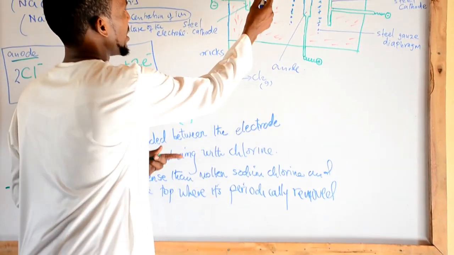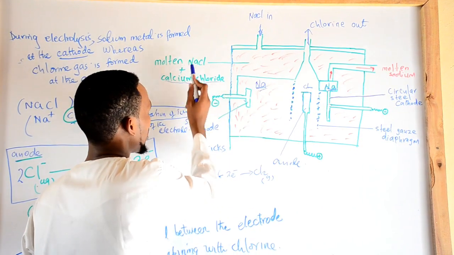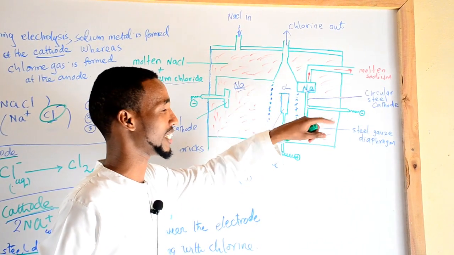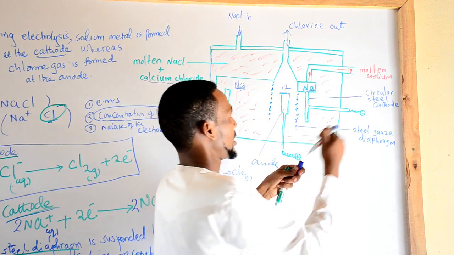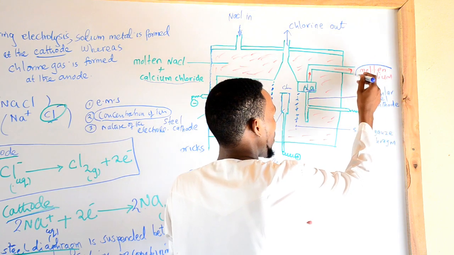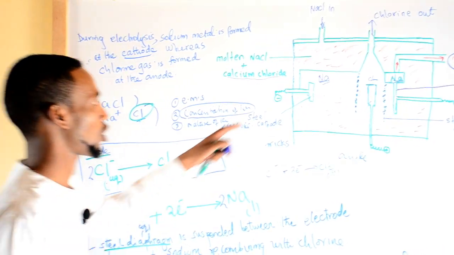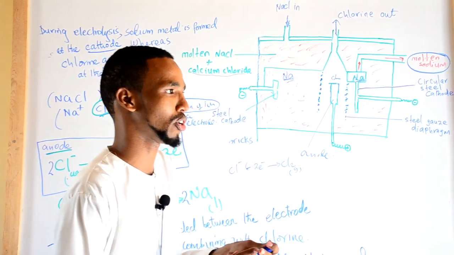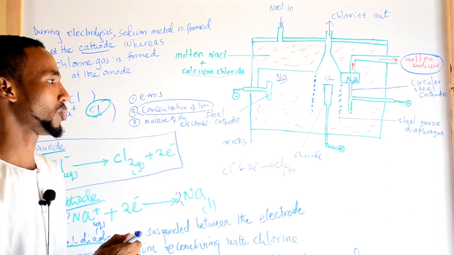This molten sodium is less dense, so it rises to the top where it is periodically removed, and then we have our molten sodium. Chlorine gas is not allowed into the environment because chlorine gas is a poisonous gas and hazardous to the environment.